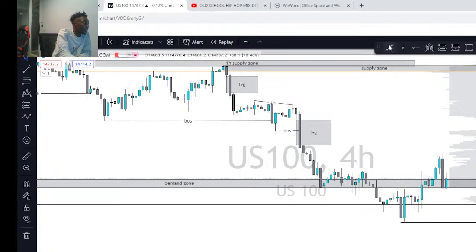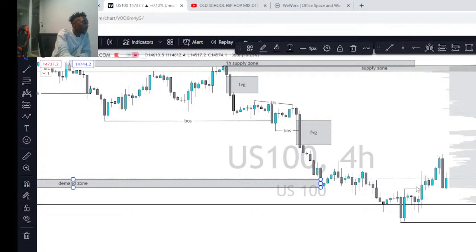Where did we experience a change of character first? Here. The market was breaking lows, but from there the market started taking out the highs. We experienced our first change of character there.